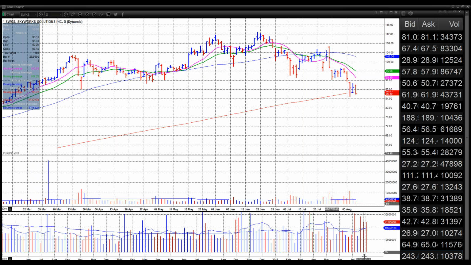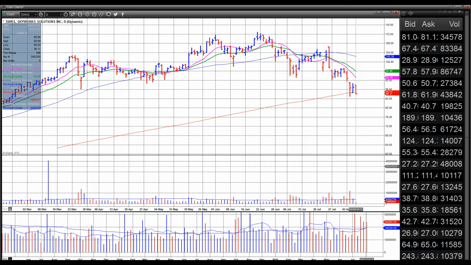These are viable stocks that if the weight of the market does come off, some of them could be the next leaders. So it's important that investors keep these stocks on their watch list and monitor them closely.